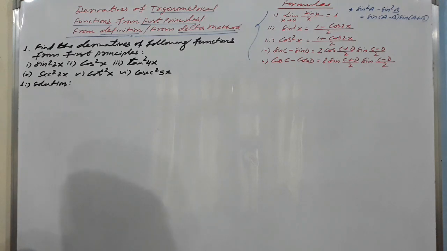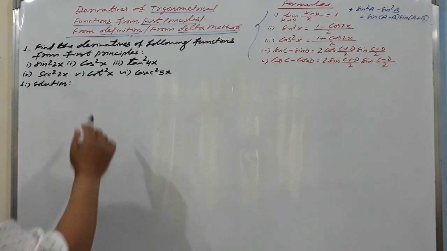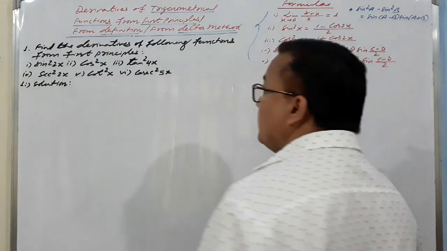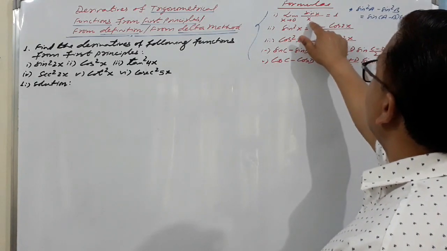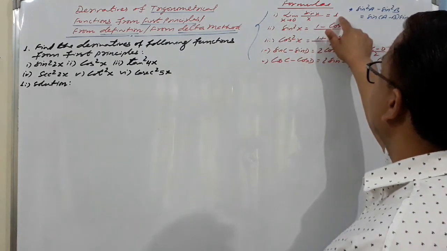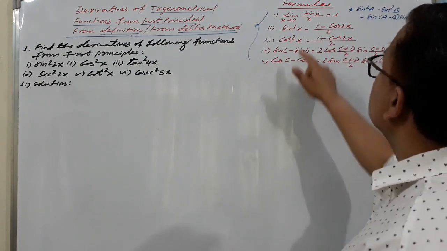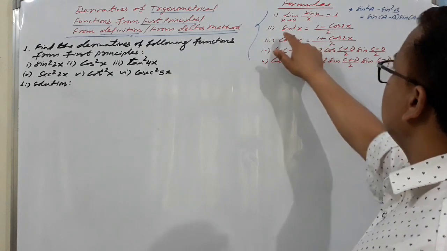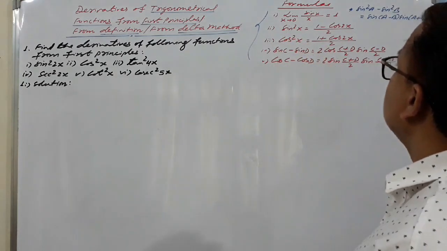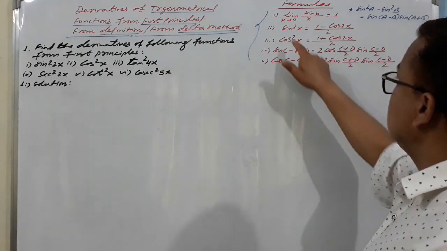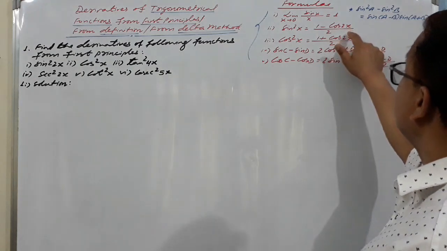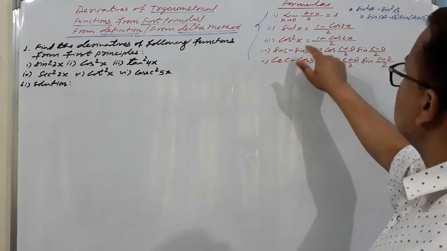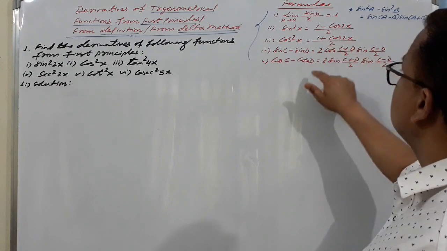From first principles, or the delta method as you can say, I'm going to tell you. I've written here the key points and formulas we need to crack these questions. The limit of sine of x over x as x tends to 0 is 1, as we already know from studying limits. Second, these are the basic formulas of trigonometrical functions: sine square x is equal to 1 minus cos 2x over 2, cos square x is equal to 1 plus cos 2x over 2.